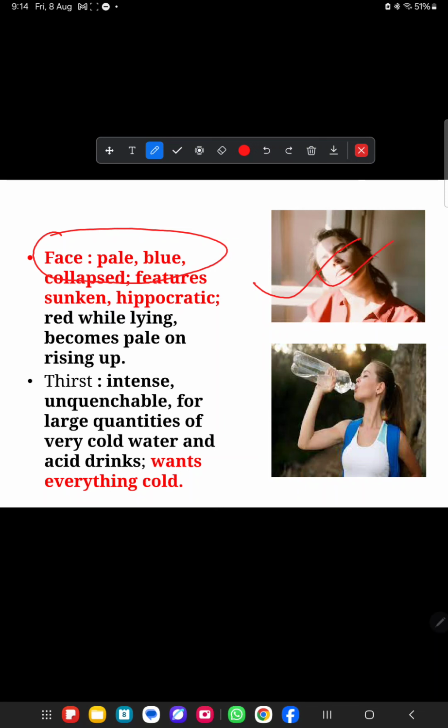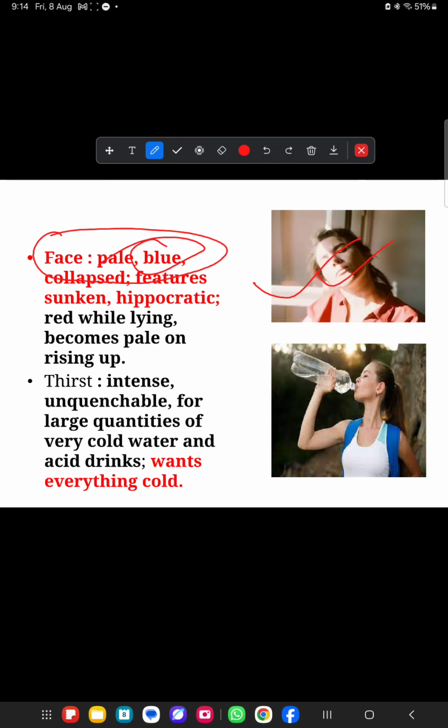And why is there a sunken face? Because there will be hampering of blood circulation and improper supply of blood and oxygen, and that will also lead to cyanosis. That's why there will be a bluish discoloration, and you will find blue color of the skin.